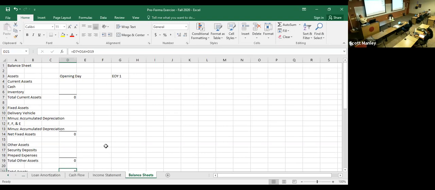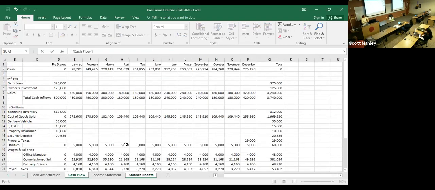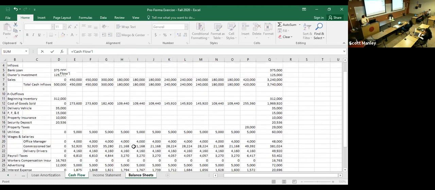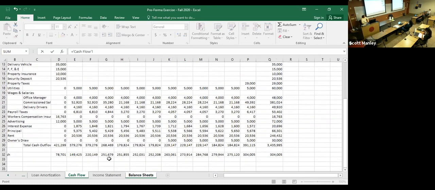If I wanted to know how much cash I have on opening day, where could I find that out? My cash flow, specifically where, Drew? So I'm going to put a formula in that says go over here to my cash flow statement. How much cash do I have on opening day?